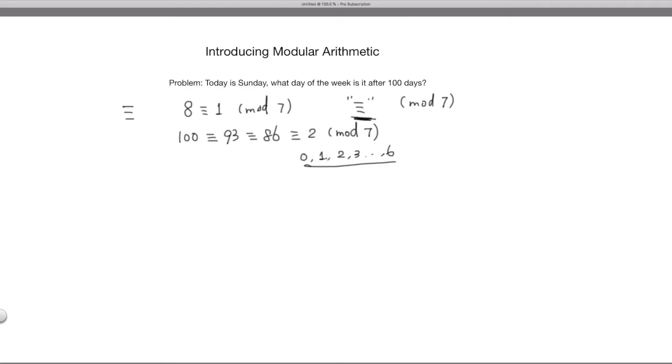Every number is going to be congruent to one of the numbers between 0 and 6. How about negative numbers? Minus 5 is going to be congruent to what? Minus 5 is going to be congruent to 2 mod 7. The reason being, minus 5 equals minus 7 plus 2. So when you divide by 7, this is a multiple of 7, and the remainder is 2. So you also have negative numbers.